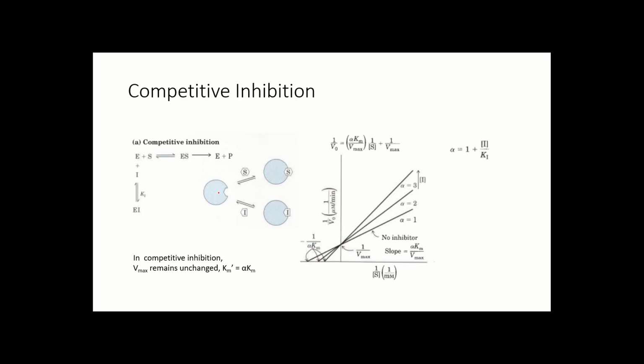Here the substrate and inhibitor share the same binding site. The substrate will come to bind the enzyme and make this ES complex, and the inhibitor will compete with the substrate to get access to the same binding site to make the EI complex. So there is a competition between the substrate and the inhibitor because their binding site is the same, right?